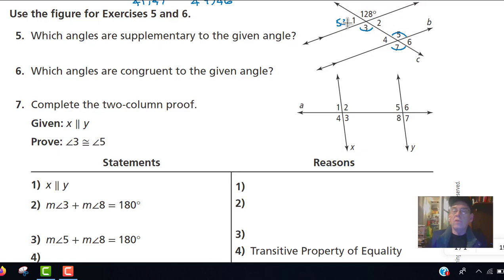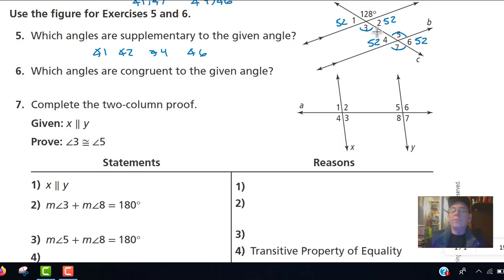Angle 1 is 52, angle 2 is 52, angle 4 is 52, and angle 6 is 52 degrees. So we have angle 1, angle 2, angle 4, and angle 6 are all the supplementary angles.